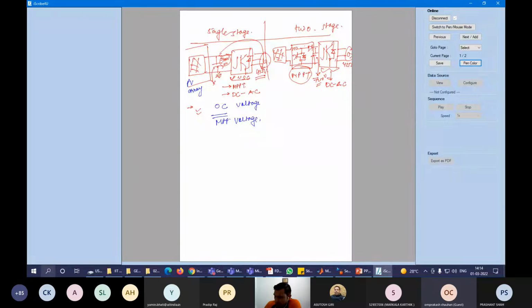And always we have to operate at MPP voltage. So again, I'm going to draw the curve. This is your open circuit voltage, and here, when we are operating at maximum power, this is your MPP voltage. So there is a difference between the open circuit voltage and MPP.